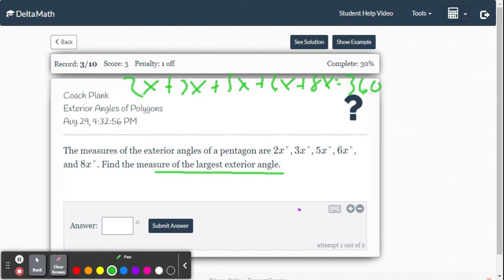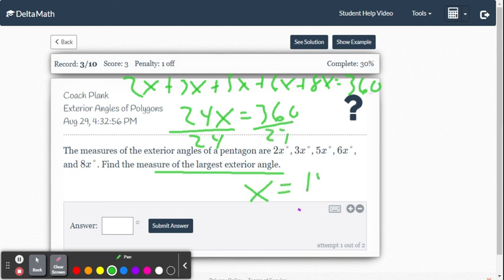All right, so then we're going to combine like terms. We get 10, 16, 24x. So 24x equals 360. We're going to divide by 24. So we're going to get x equals 15 degrees. Now, we don't put 15 in as our answer because it says, what's the measure of the largest angle?